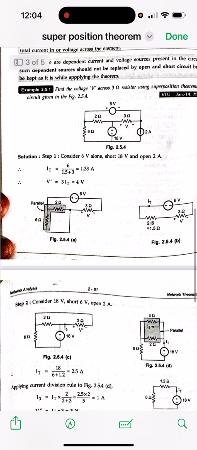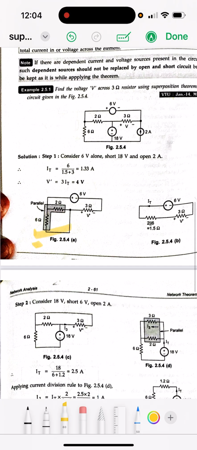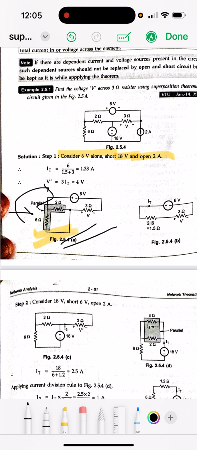Coming to this question, as I told you, consider 6 volt alone, short the 18 volt and open the 2 amps. So I'll get this. Then 6 ohm is parallel to 2 ohms.